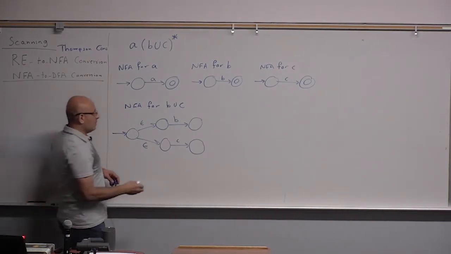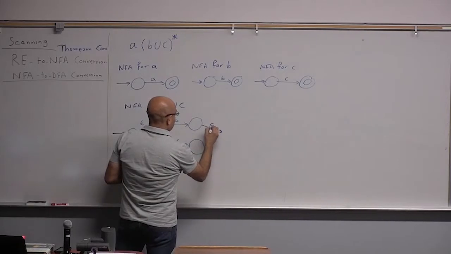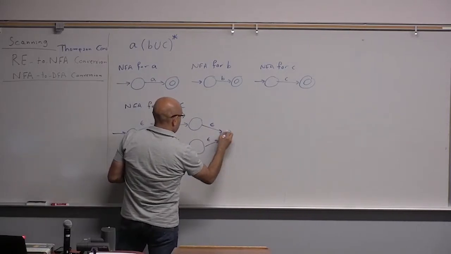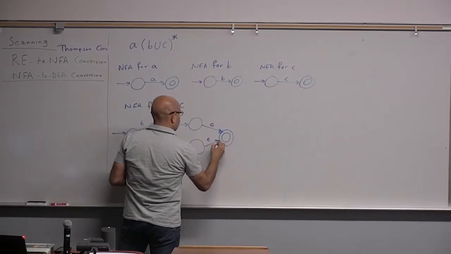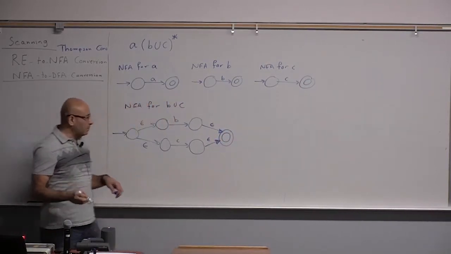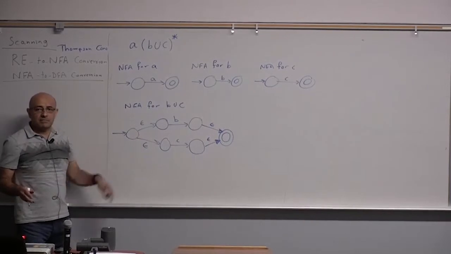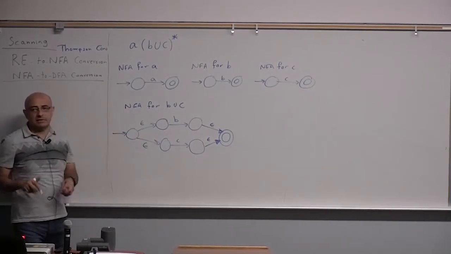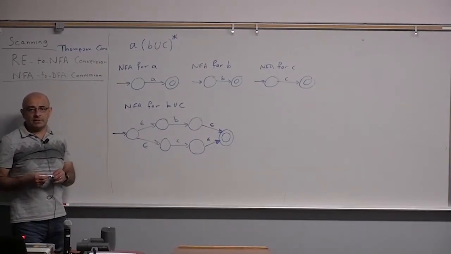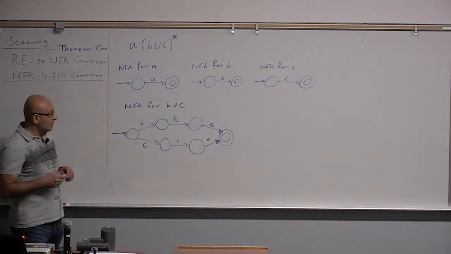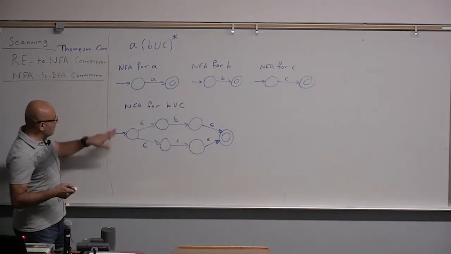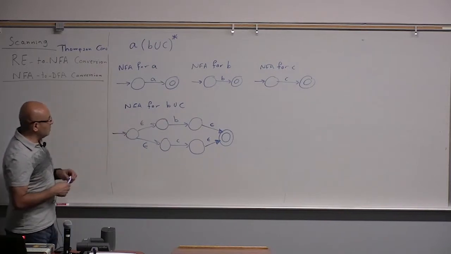Just go to a common accept. One common accept state. And again, having one common accept state is not necessary, but let's stick to this convention or standard. It's not necessary for correctness, but let's stick to this convention. Okay, so now we have an NFA for B union C.